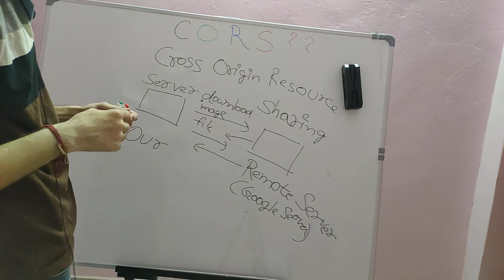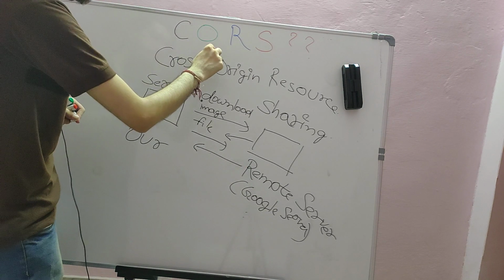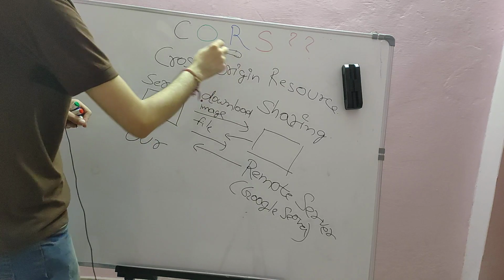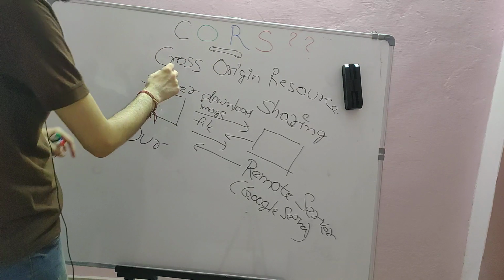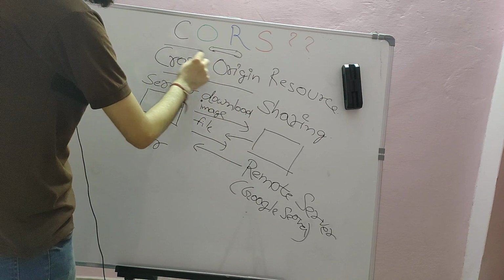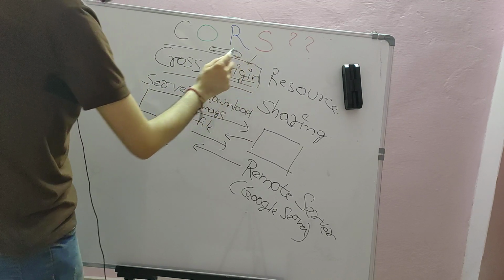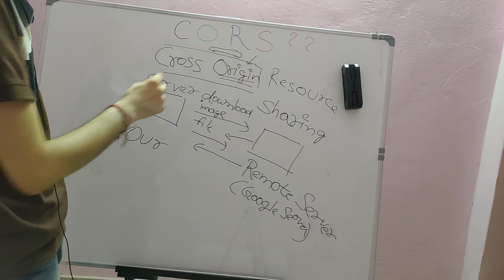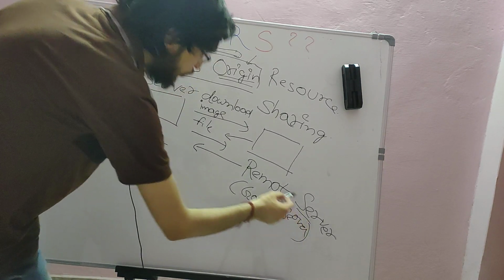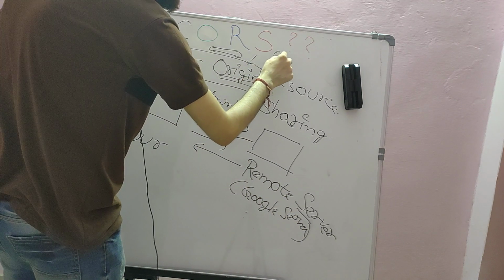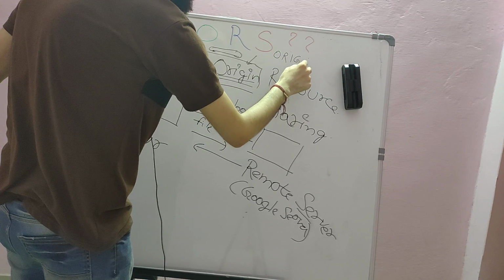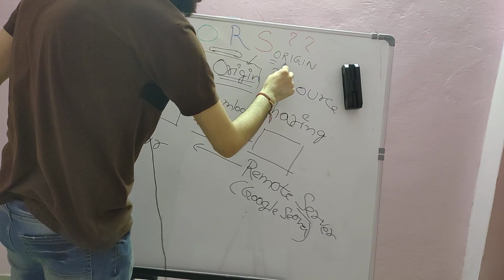But due to this concept of CORS, this is not possible, because as you saw in the full form, this is cross origin. So this origin term comes into the picture. Origin simply means the server here. So origin is equal to server.